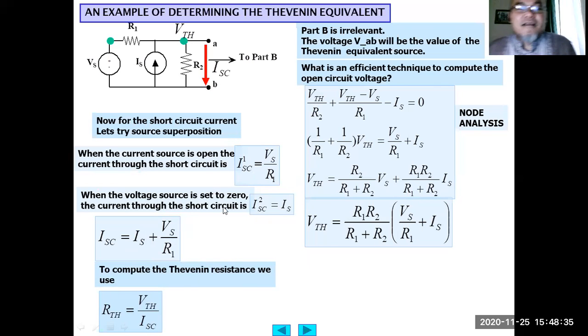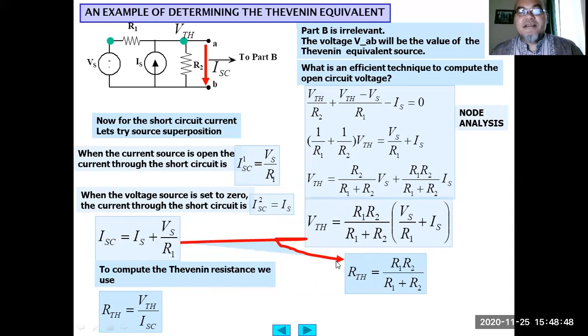So we have obtained ISC already. Previously, we obtained this VTH. So the Thevenin equivalent resistance can be calculated as VTH divided by ISC, or this divided by this. So this factor is gone, so it becomes only this part, R1 R2 divided by R1 plus R2.